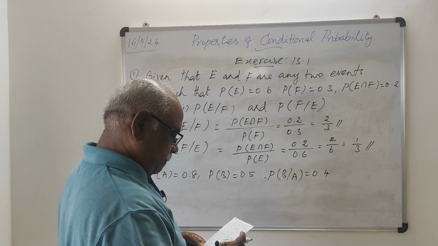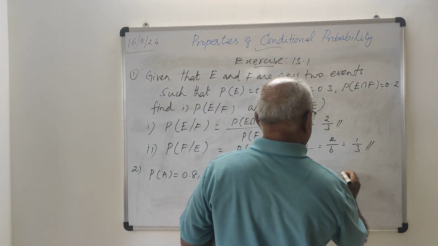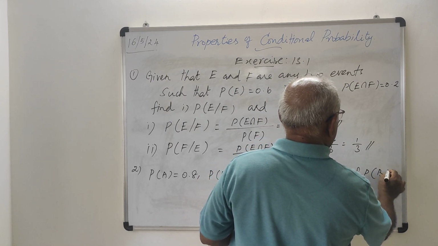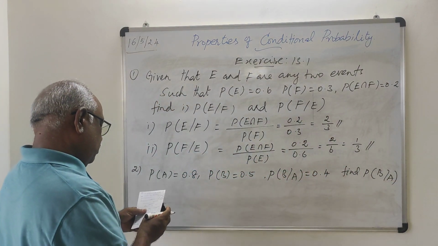Then find P of B slash A, the probability of event B when A has already occurred.